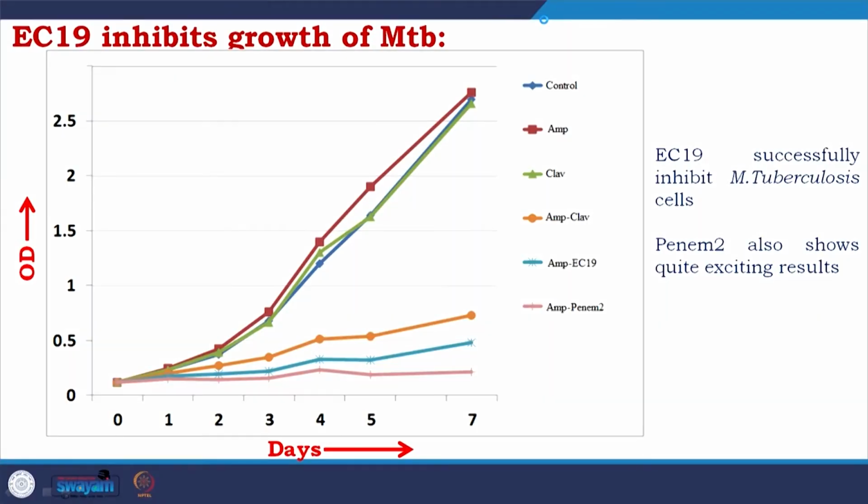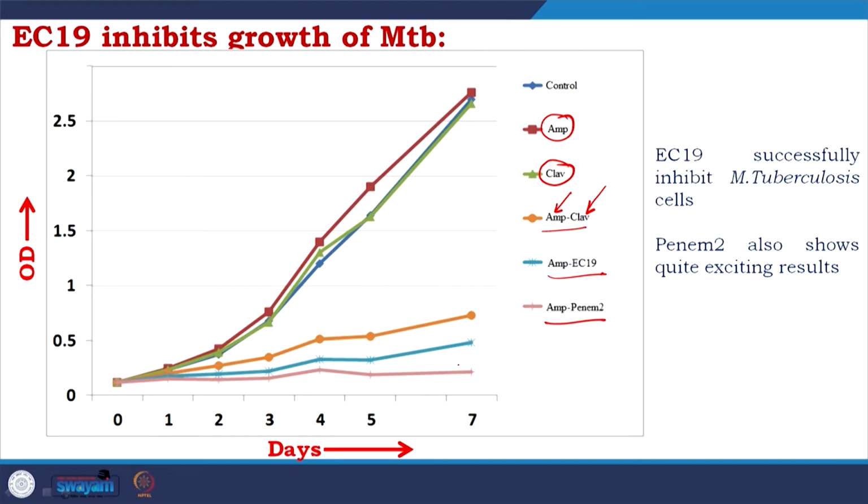So, as I told, once we get the compound selected through the biochemical assay, we go for in vivo testing. In the in vivo testing, what we did, we have the tuberculosis cells and we use combinations. We use ampicillin, clavulanate, and we use ampicillin clavulanate combination, ampicillin EC19 and ampicillin phenem 2. If you see, the combination of a beta lactam along with the beta lactamase inhibitor works here.